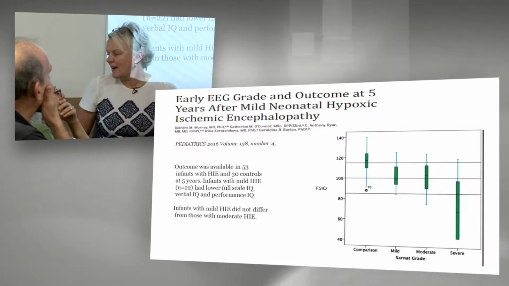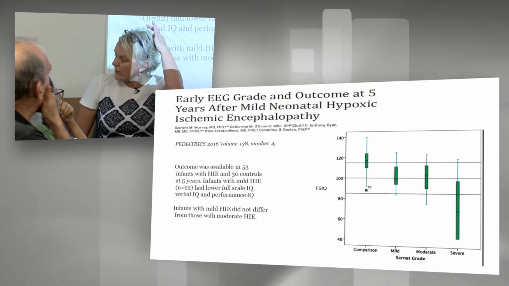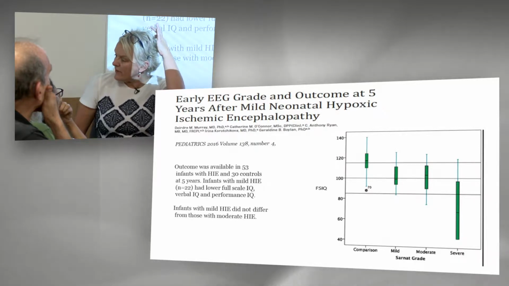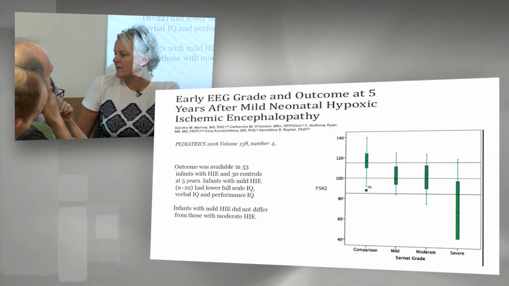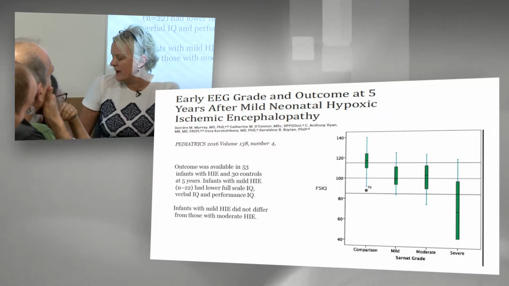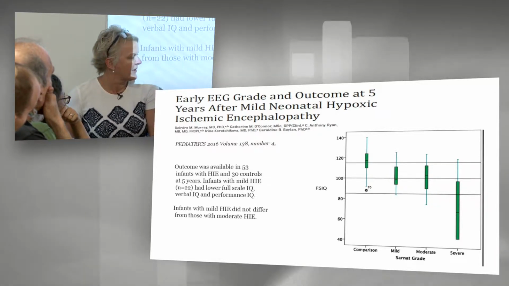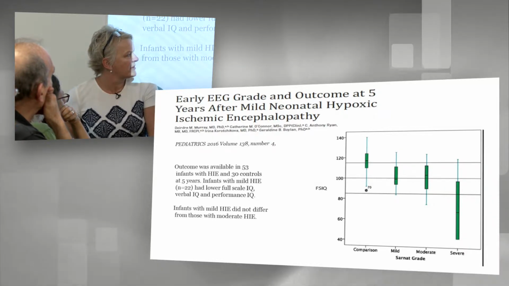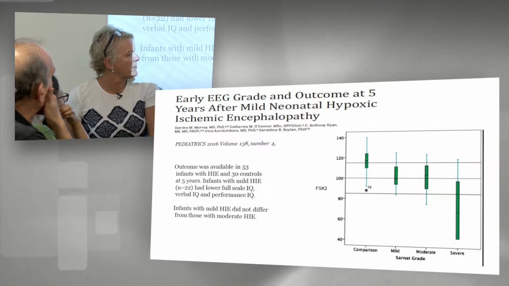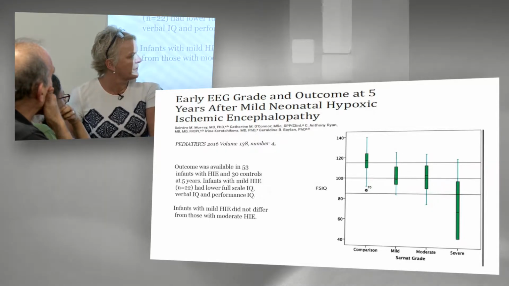Very recent data from the Cork group showed 53 infants with HIE and 30 controls followed up to 5 years of age, and they compared the SARNAT grading here, the modified SARNAT, mild, moderate or severe, against a comparison control group. And this is what has often been lacking, the comparison control group.